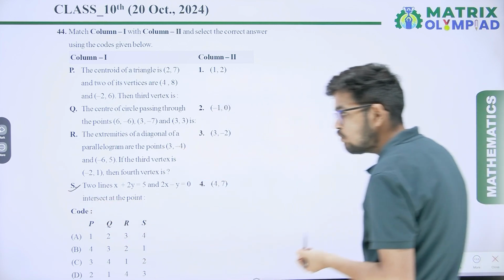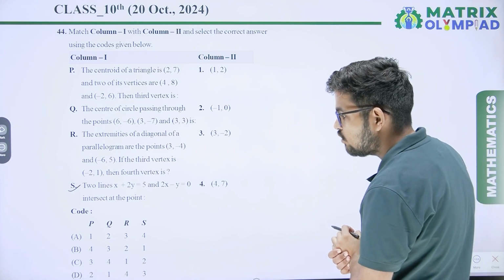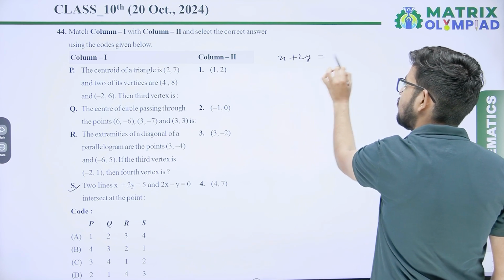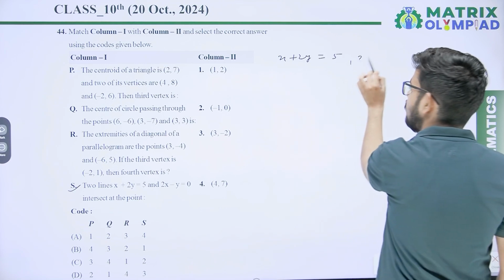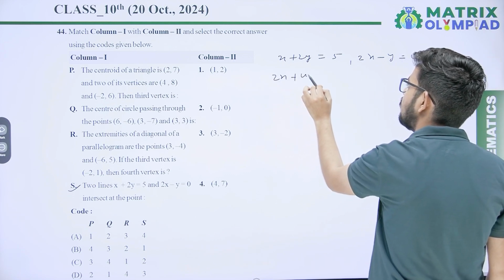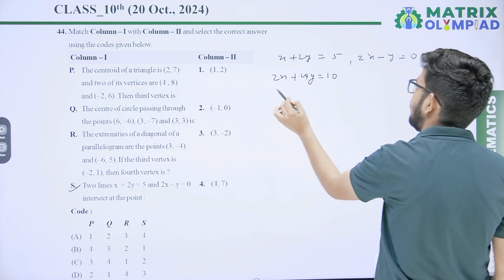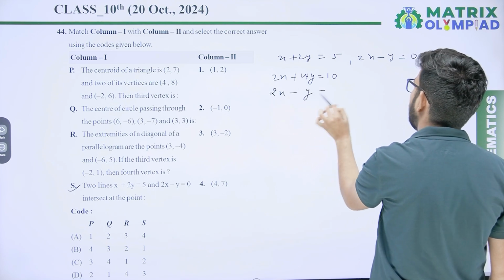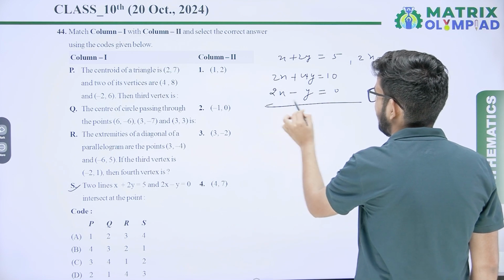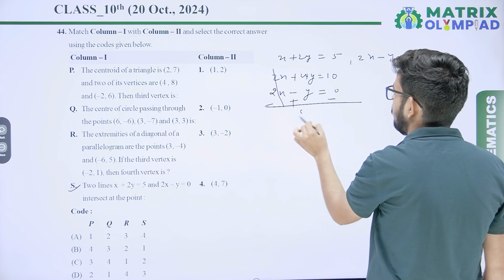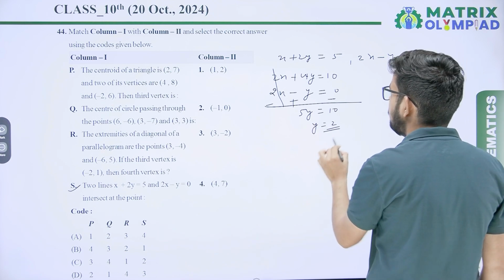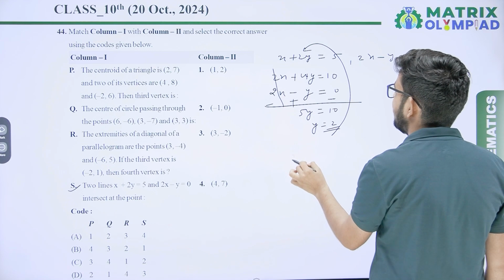Now, the two lines x plus 2y equals 5 and 2x minus y equals 0 intersect at a point. Multiply equation 1 by 2, you will get 2x plus 4y equals 10, and the second equation is 2x minus y equals 0. When you subtract, you will get 5y equals 10, so the value of y equals 2, and putting y equals 2 in this equation, you will get x equals 1.